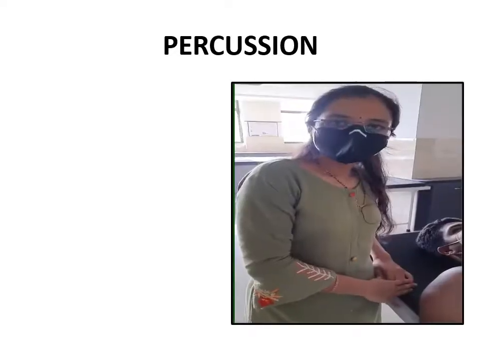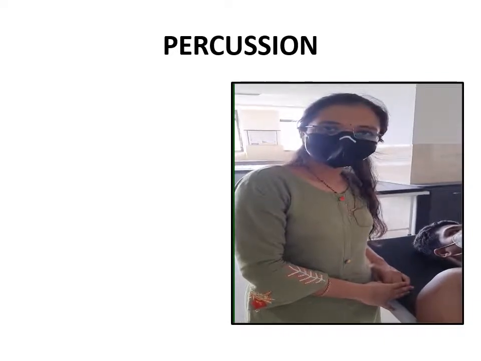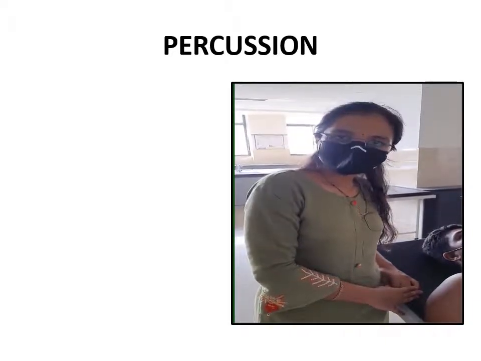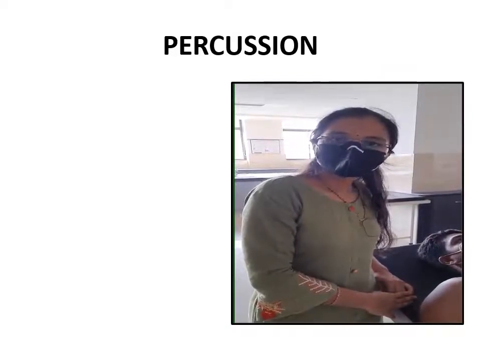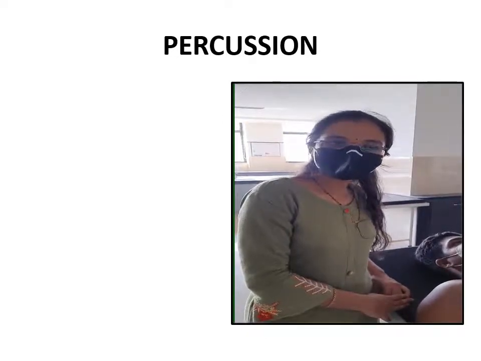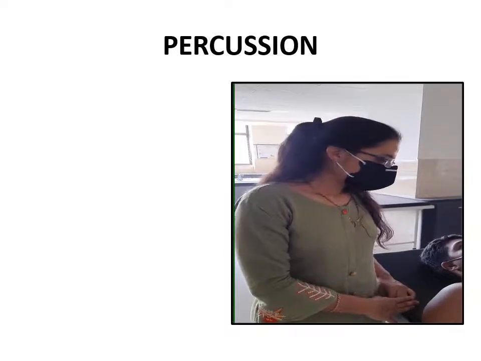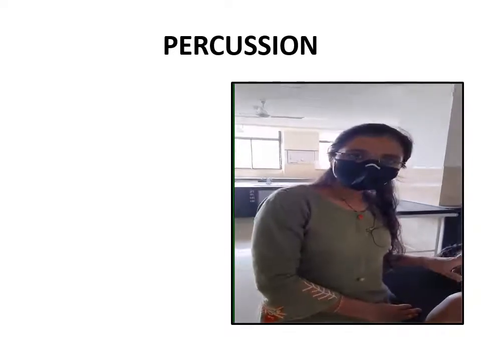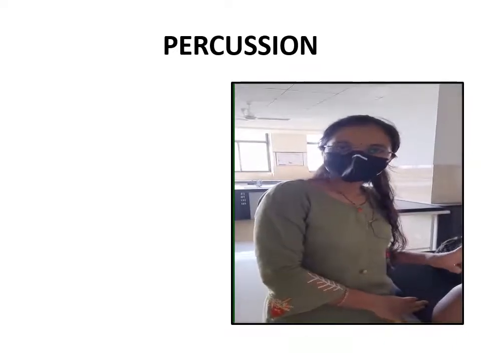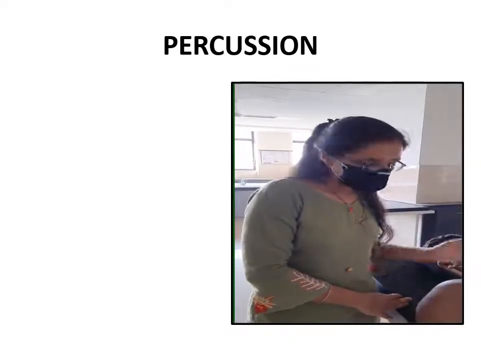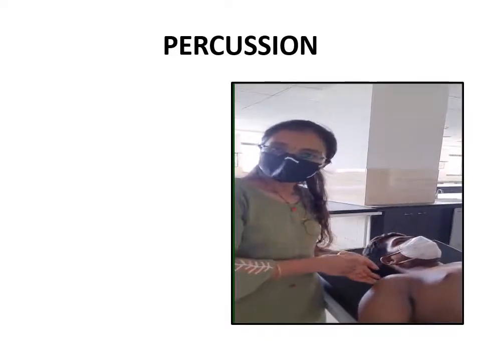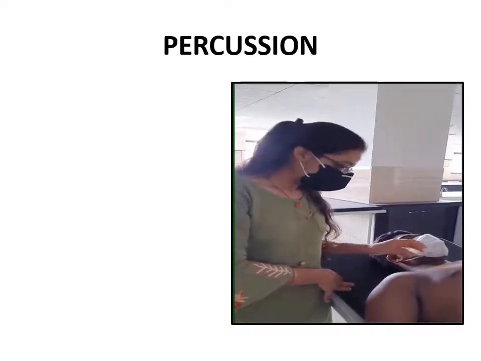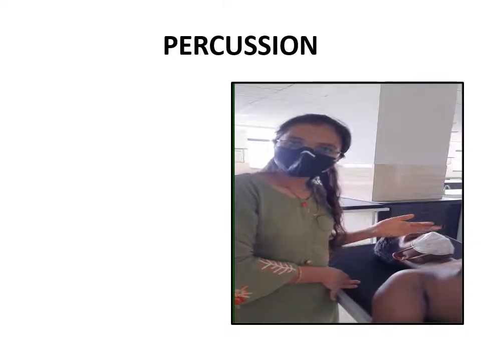In percussion we are using two fingers: one is the pleximeter and the other is the plexor. The plexor is the finger we use to give impact, and the pleximeter is the finger on which we give impact. By percussion we can get an idea about the borders of the lung. We do it anteriorly in the mid-clavicular line, then the mid-axillary line, then posteriorly in the mid-scapular line, and also for the apex of the lung.